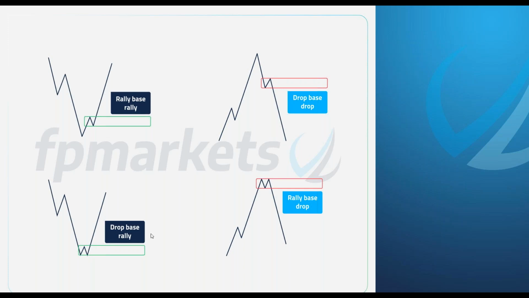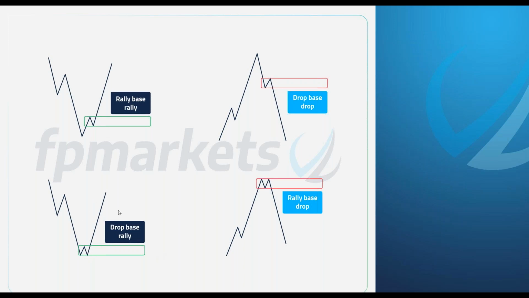Now, these are found at trend reversal points, but they can also be found within a prevailing trend. So a drop base rally would be found within an uptrend. These areas would be good for buying dips.